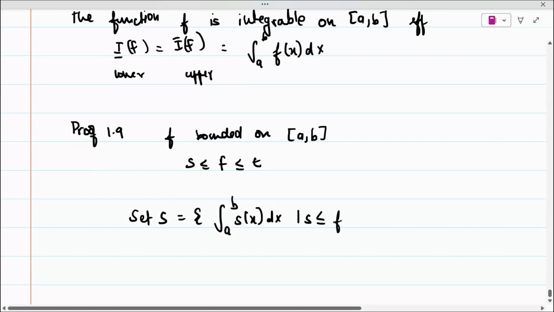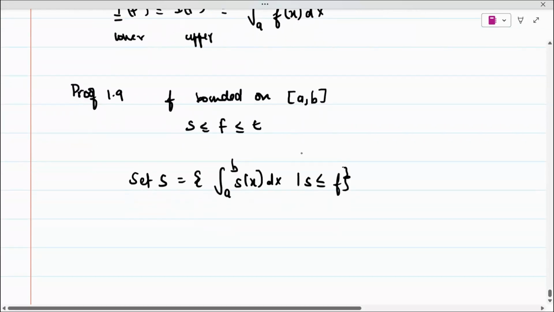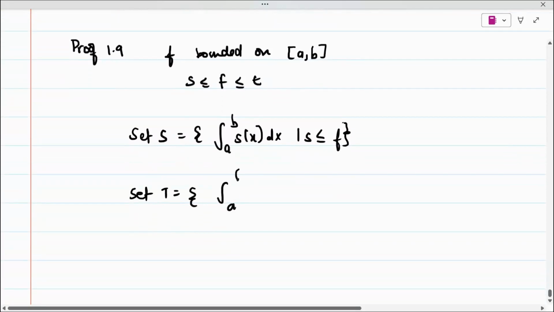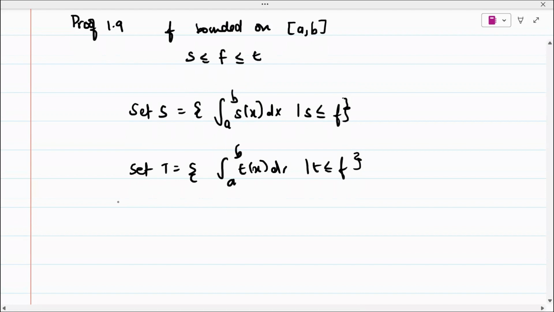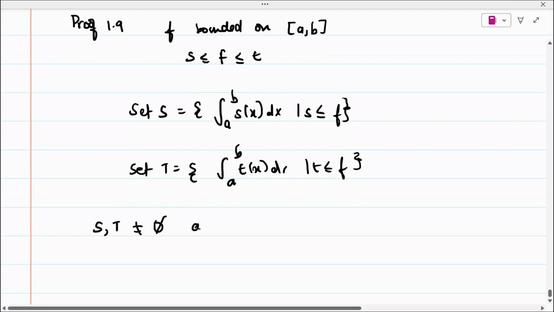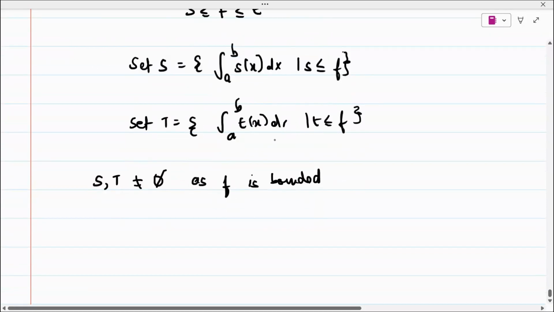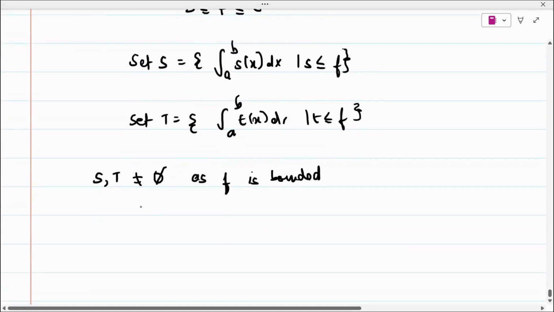So function f is equal to f, all possible s and t, equal to the same as the function t. Now we know that the sets s and t are not empty. Therefore bounded, meaning typically t would probably contain some value.